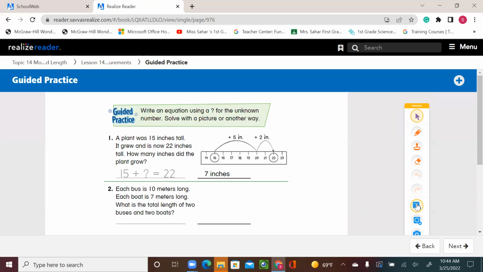So this is easy. Since one bus is 10 meters, that means 2 buses will be 10 plus 10. And then I know this is the length of the buses. For the boats, I know that each boat is 7 meters, and I have 2 boats, so 7 plus the other boat equals.